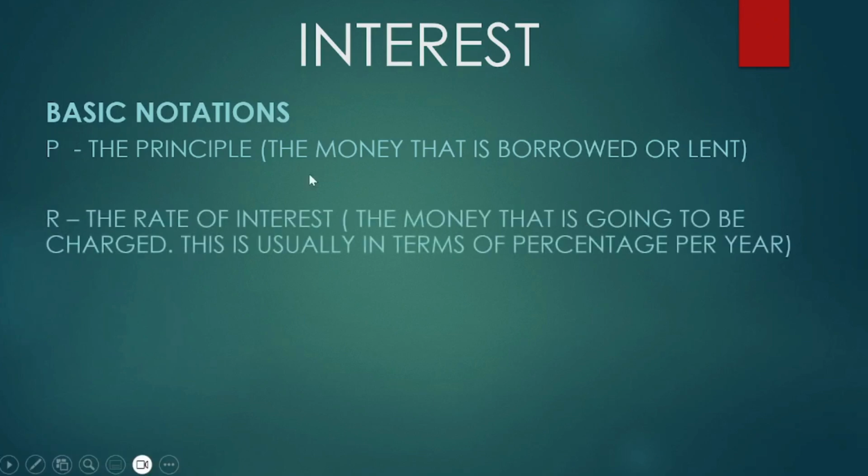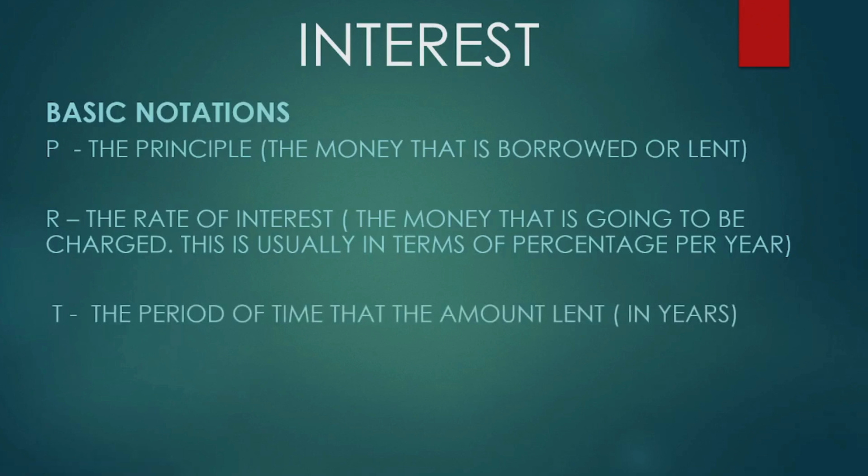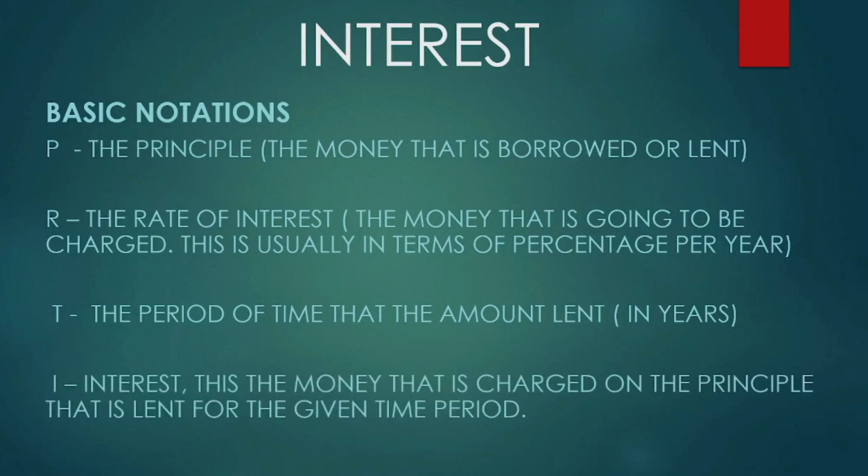The second one is R, the rate of interest, the charges that we pay for the use of the money borrowed. The third one is T, the time period, how many years we use the principal amount.